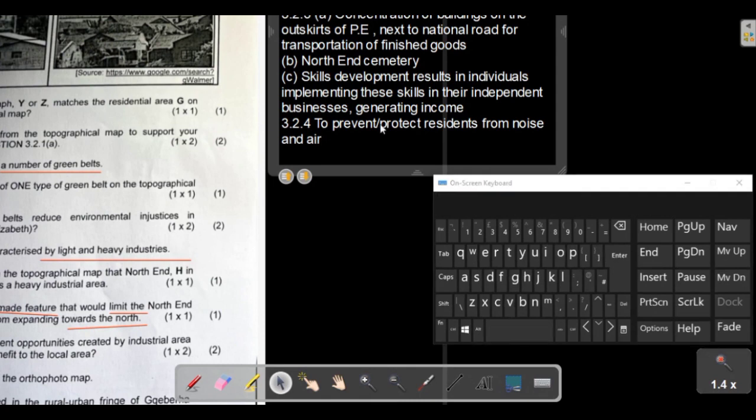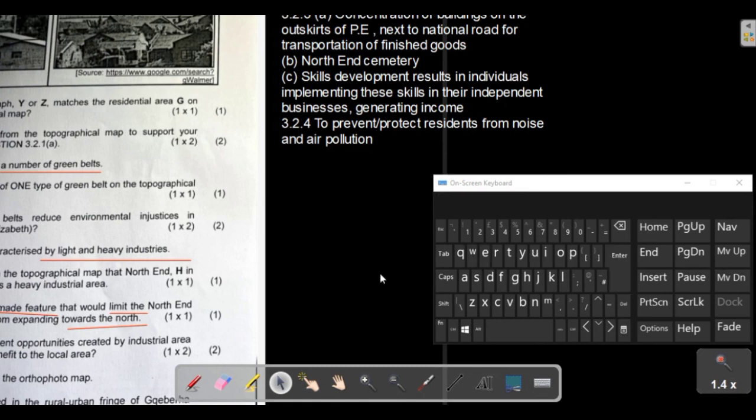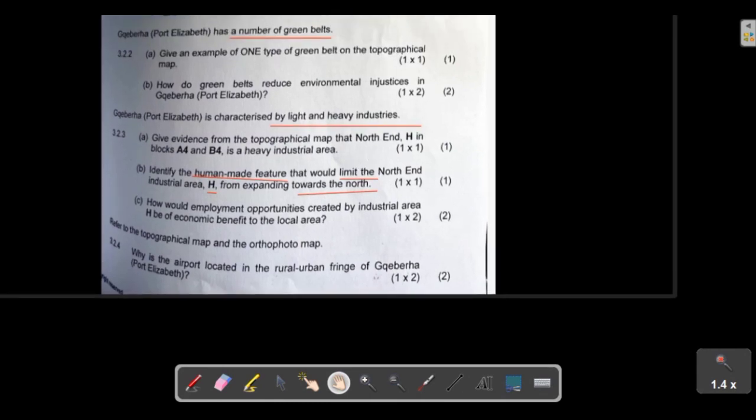Let's move on to the next question then. So that's 3.2.4.